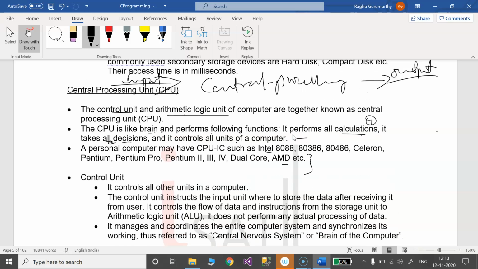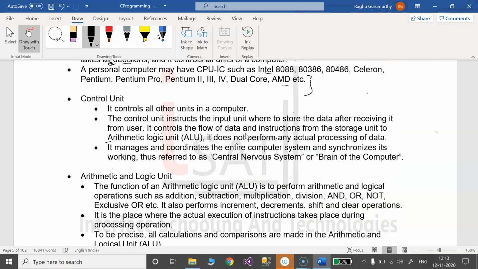Later they are discussing the control unit. Yes, as we all learned earlier, it controls all units which are available in the computer, including storage as well as the arithmetic logic unit, each and everything. With respect to the control unit, it manages and coordinates the entire computer system and synchronizes its working, thus it is referred to as the central nervous system or brain of a computer.